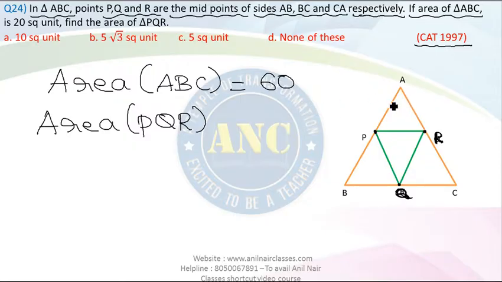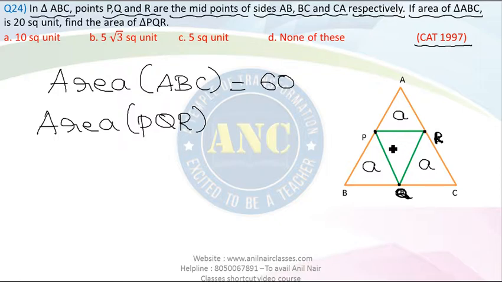This particular triangle ABC is given and PQR are midpoints. That means the area of triangle APR, if I take it as small a units, PQB will also be small a because P is the midpoint. QRC will also be small a because Q and R also are the midpoints.